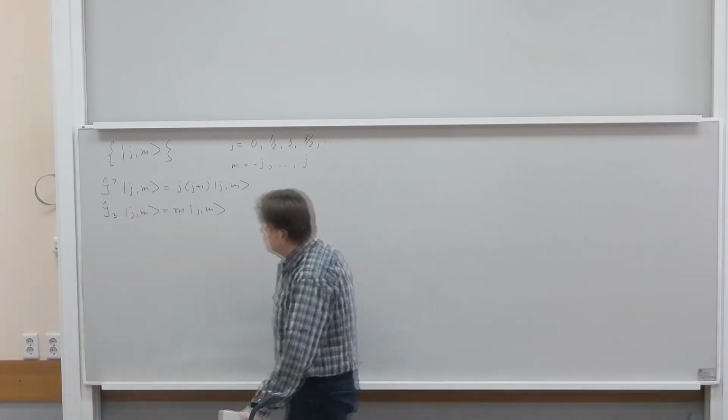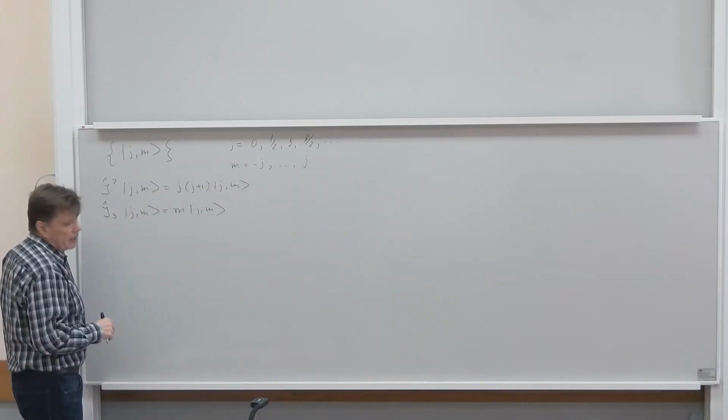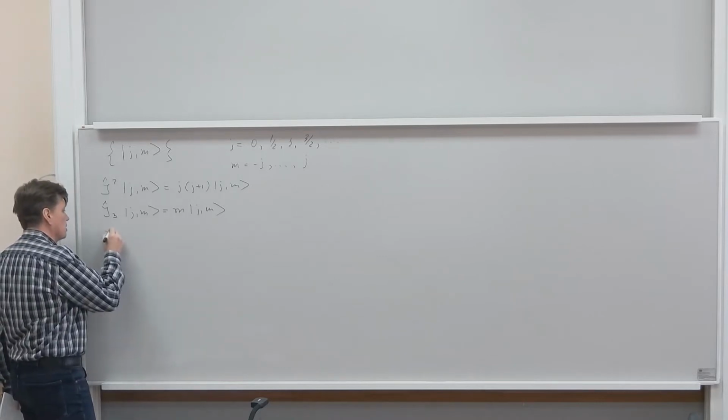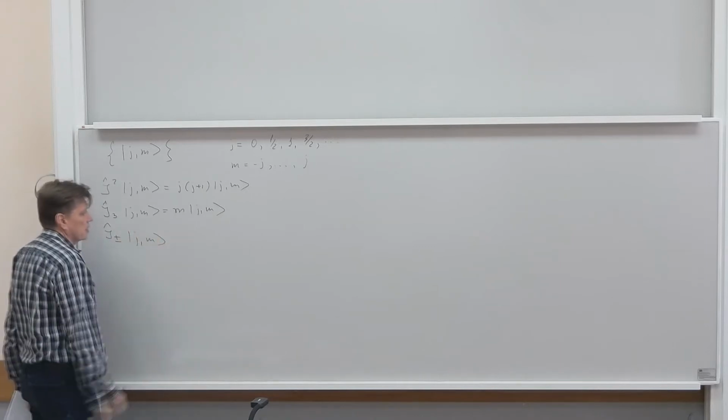Okay, and it remains to work out explicit formulas for the action of the other two operators, J plus and J minus, on these vectors.